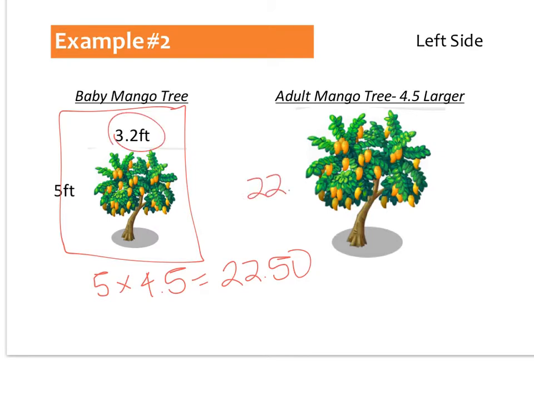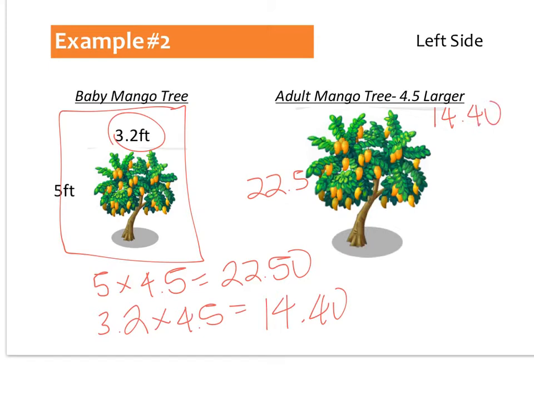I've got to do 3.2 times 4.5. And I use a calculator to do this. So 3.2 times 4.5, and I get 14.40. So the width, I'm sorry, is 14.40. So once that tree is 22.50 by 14.40, then I'll be able to harvest it.